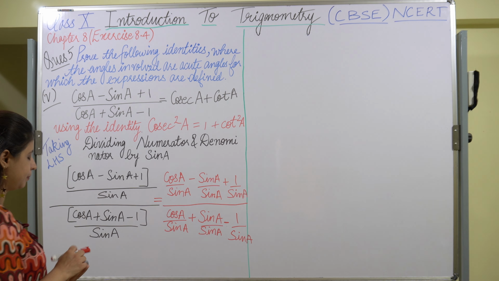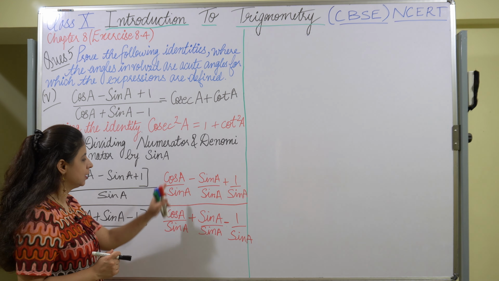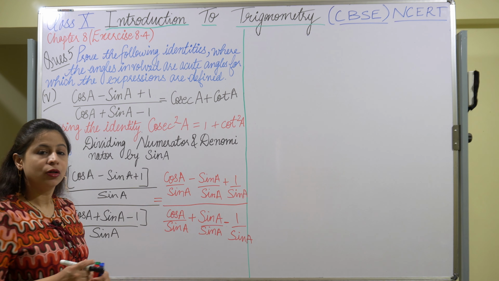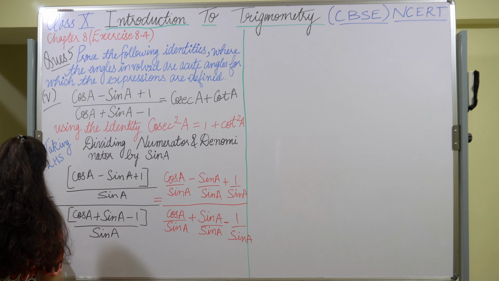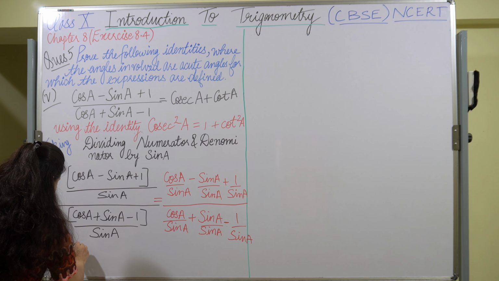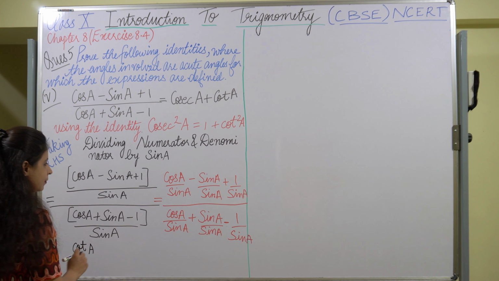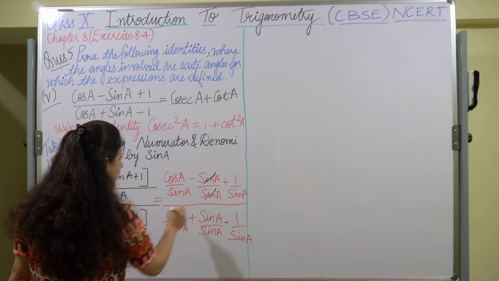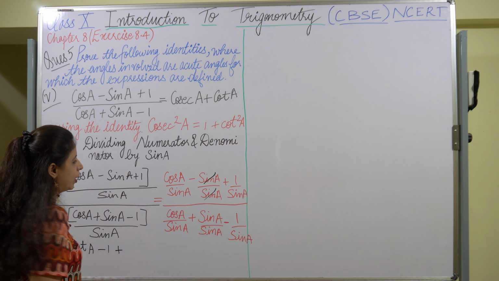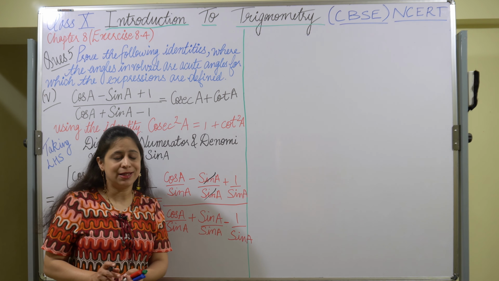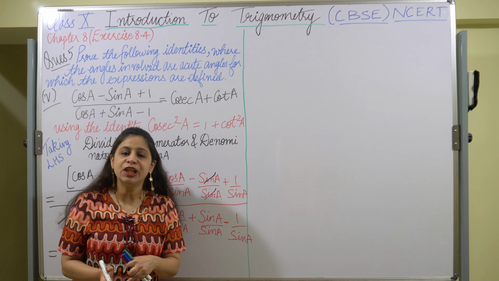So we have got this. Now cos upon sin is cot, so we can replace it with cot. So here we are having cot A. Here sin and sin get cancelled. So here minus 1 plus 1 upon sin is cosec, since sin and cosec are reciprocal of each other.